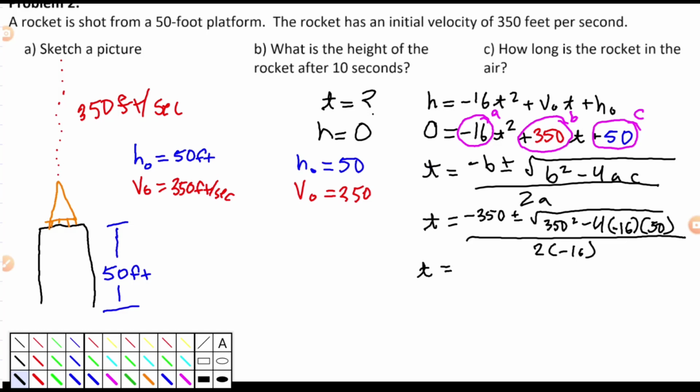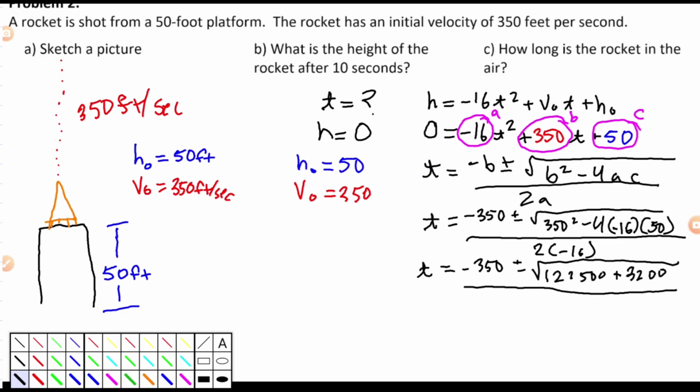So t is equal to negative 350 plus or minus the square root. And my calculator, 350 squared is 122,500. And then we are going to multiply this together. What's negative 4 times negative 16 times 50? That's going to be 3,200. All of this divided by negative 32.